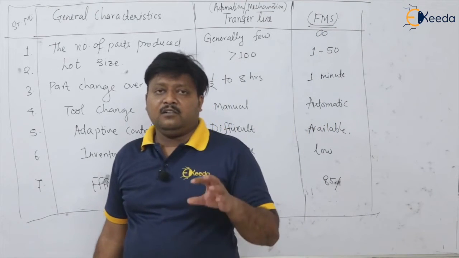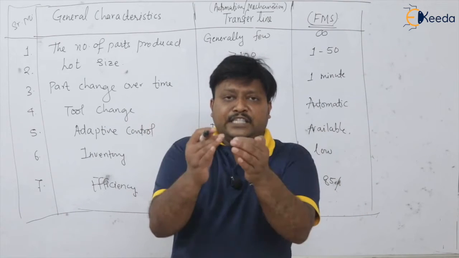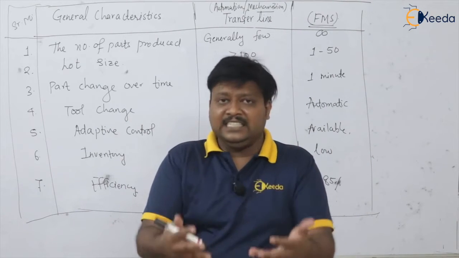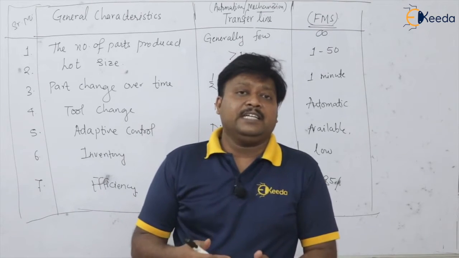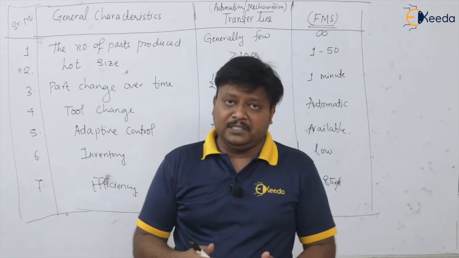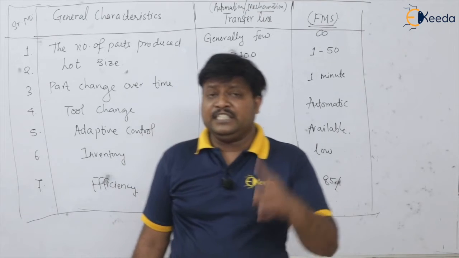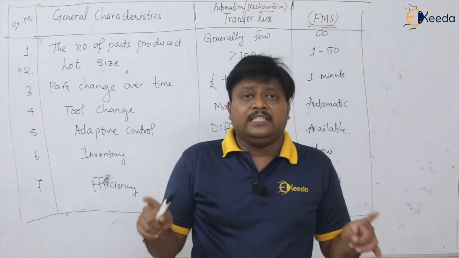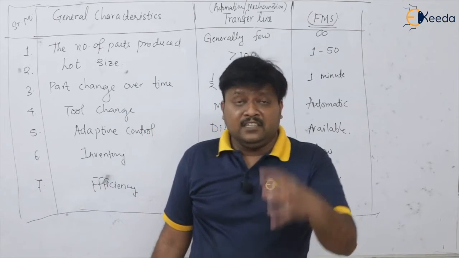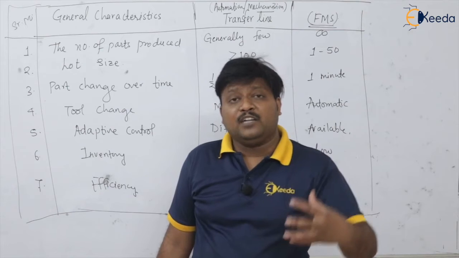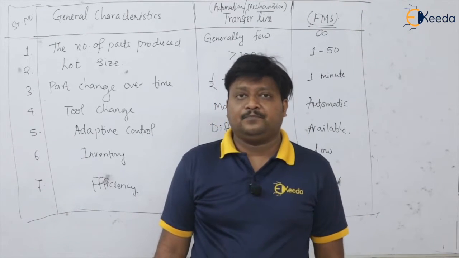That is why, in short, what we have defined about the FMS is that it is a combination of DNC, which you know, plus automated guided vehicles for the material movement. And please remember, the function of the material movement in the FMS is not only to move the parts between the machines, but it also orients the parts on the machine for the processing automatically.